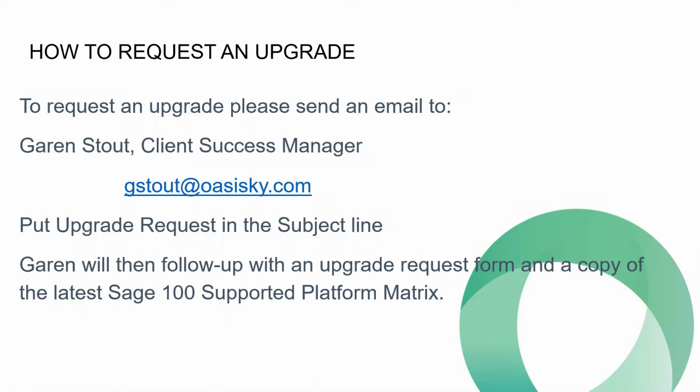Then when Garen gets that request, she will send you our upgrade request form, and she'll also send you a copy of the latest supported platform matrix that talks about the system requirements for your operating system, your server, your workstations, and so forth. Then we can go ahead and get the ball rolling. So please feel free to reach out to Garen to request an upgrade.